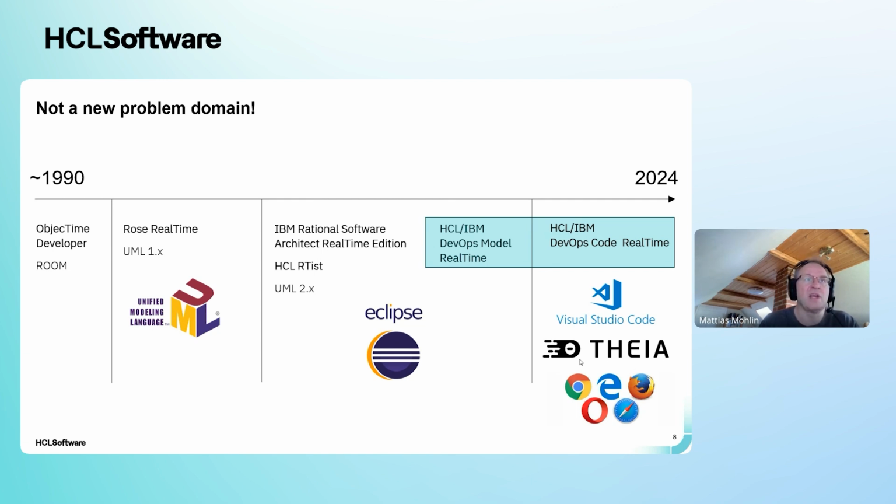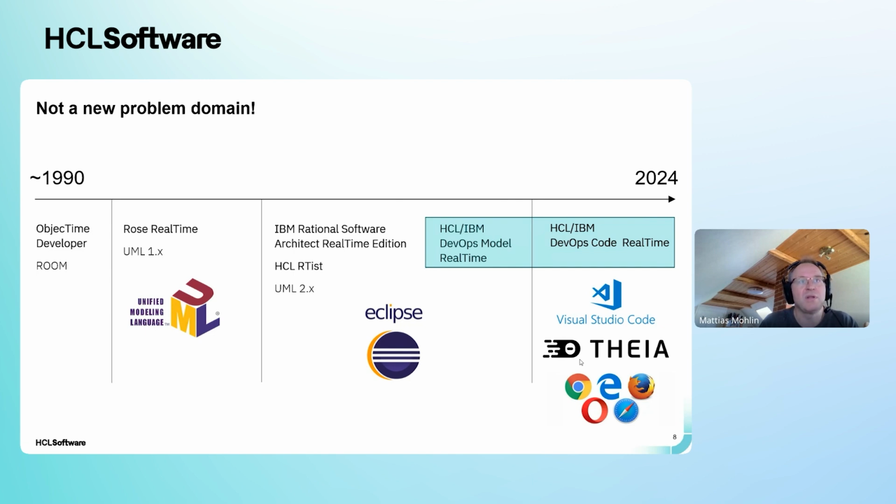The big invention here was that they introduced a domain-specific language called ROOM, Real-Time Object-Oriented Modeling, which allowed the user to raise the abstraction level from C or C++ to use things like state machines, capsules, ports, those high-level concepts that are perfect for describing these applications at a higher level. That tool was later transformed into ROSE RealTime, which is the second generation of the product.